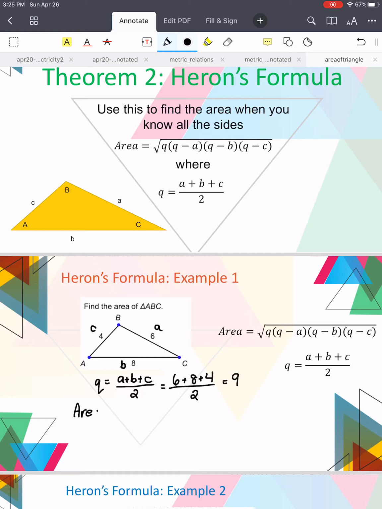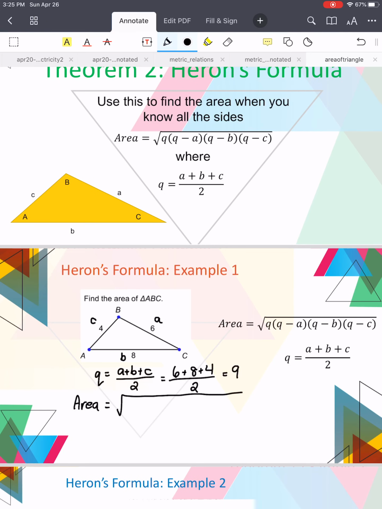So the area is equal to the big square root of 9 times Q minus A, so that's 9 minus 6, times Q minus B, 9 minus 8, times Q minus C, which is 9 minus 4.